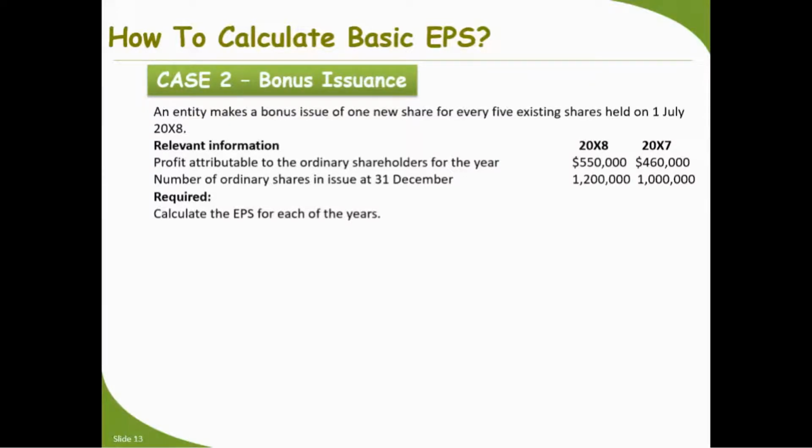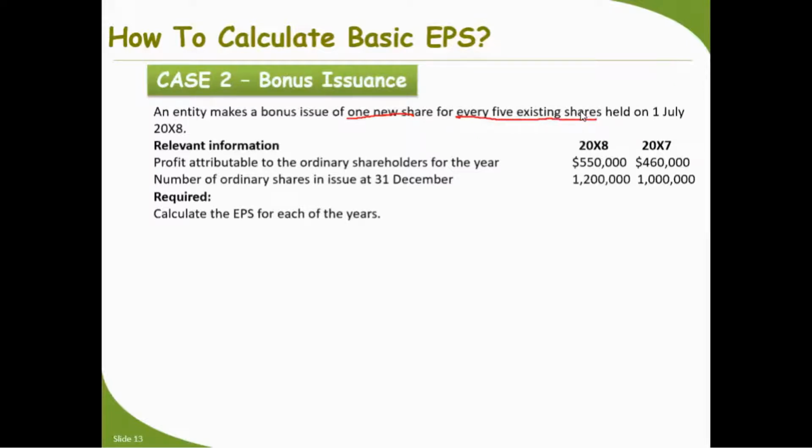Profit attributable to ordinary shareholders for the year is 550,460. Number of ordinary shares, 1 million in 2007 and 1.2 million in 2008. Calculate the EPS.